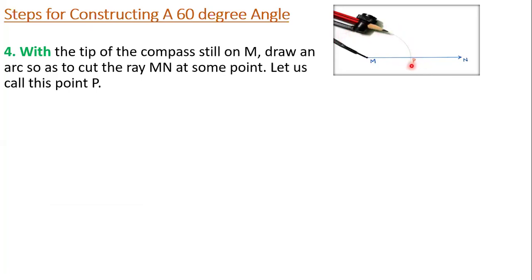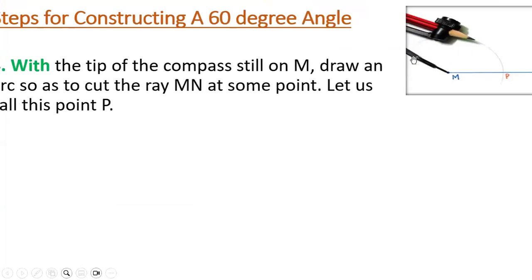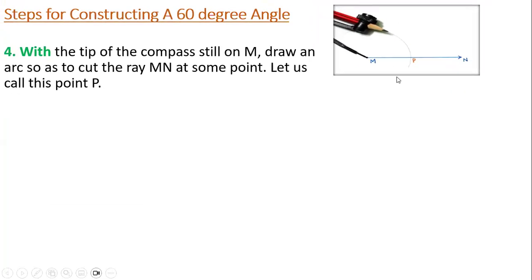And where that arc crosses the ray MN, we call that P. You all understand what's happening here? Yes, sir. So what we have here is the ray MN and we draw an arc using the compass.